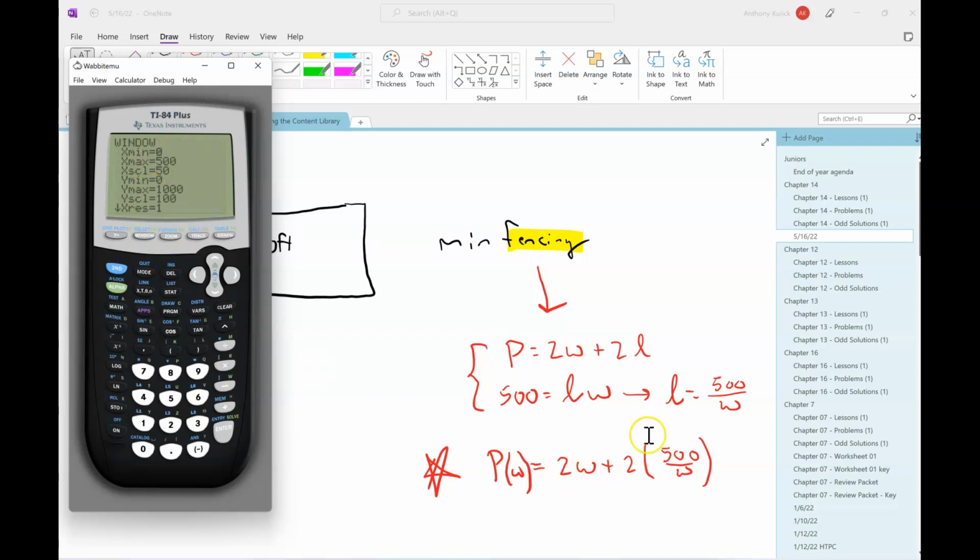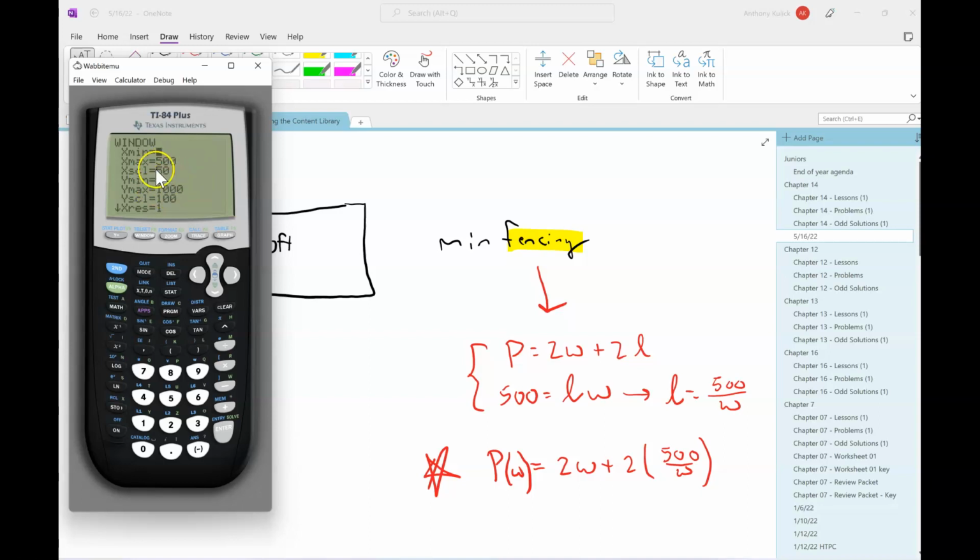Since x is representing w, and w is a measurement, I know w cannot be negative, so I'll go with an x minimum of 0. And then I chose 500 for the x max because I figure a 500 by 1 pen will not minimize the fencing. That's a pretty crazy looking pen, but it's a realistic value that it could have.